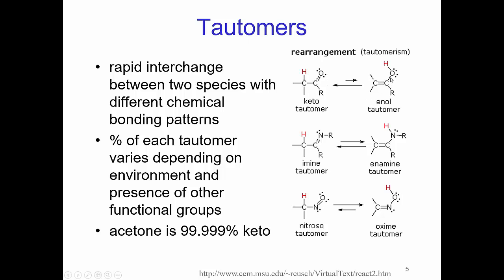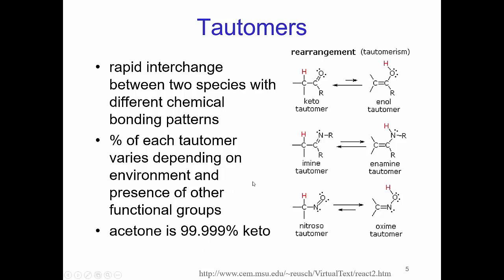So our spectra would have bands associated with the ketone, the C double bond O, constituting 99.999%, with strength greater than the absorptions we see for the C double bond C and the C single bond O. Those things are not present in this. So the spectra would have both of these, but at different proportions. And that's how we can get a sense of how much of each we have in a structure. There are other types of spectroscopy that can be used as well, but that's just one simple example that you might remember.